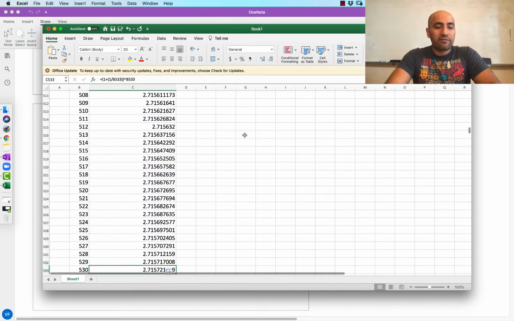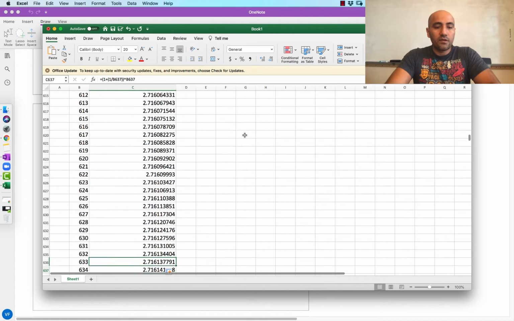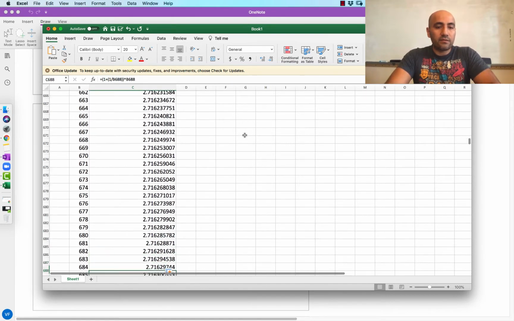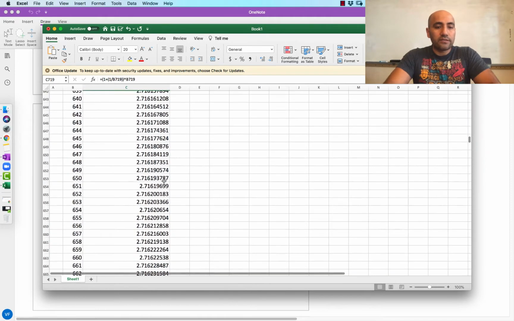This is after n equals, in the 500s, almost 600 at this point. The 2.71 is stable, but the one after that is still growing. So let's really grow. Let's go back to the top.